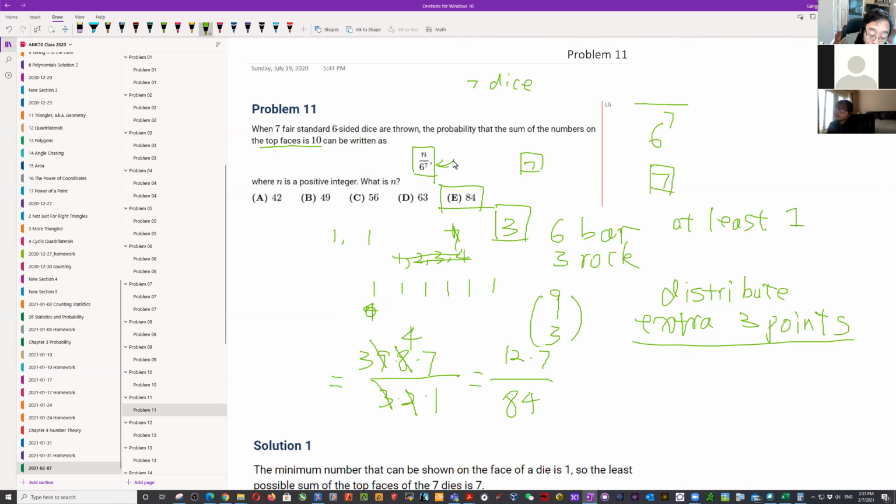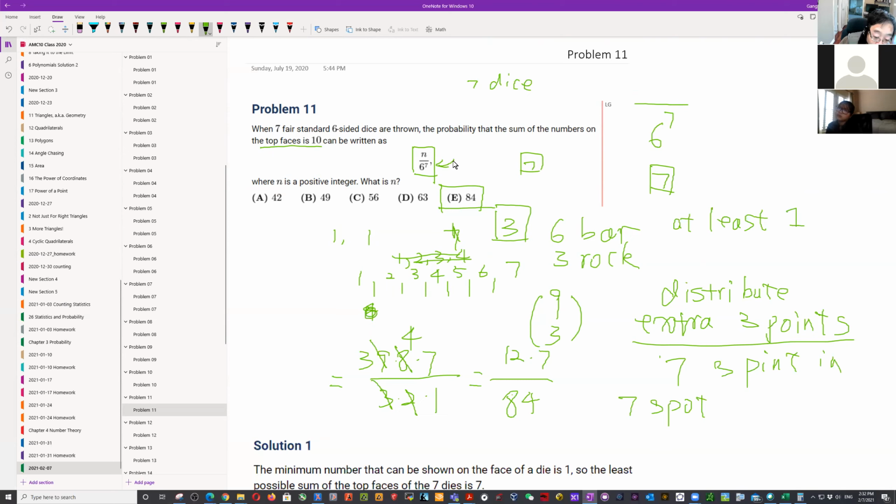So basically, it's just a matter of how you arrange the 3 points in the 7th spot. I label it 1, 2, 3, 4, 5, 6, 7. And I'm not labeling the spot by number by itself.